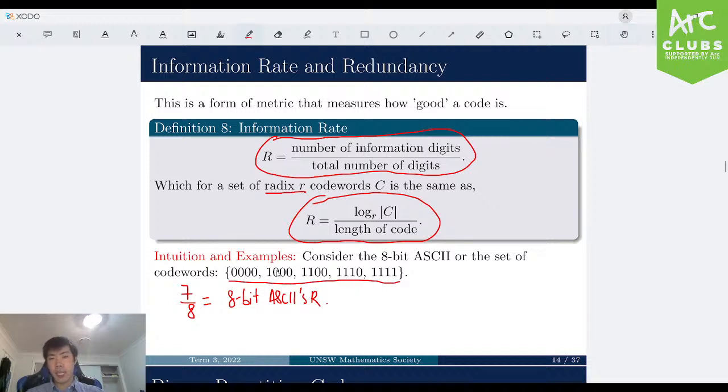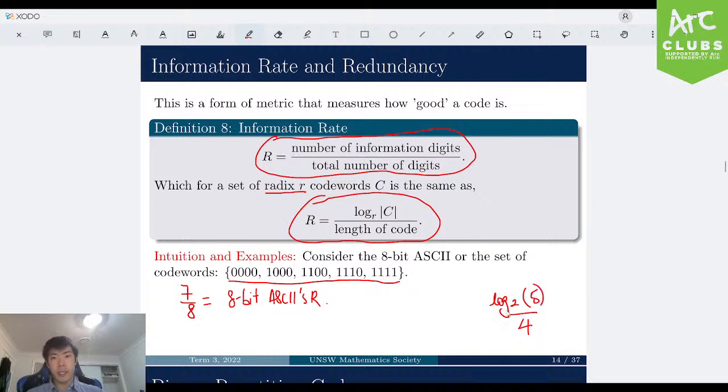They're all of fixed length 4: 0000, 1000, 1100, and so on. Now again, the denominator is the same. It's just the length of the code, so in this case our denominator will be 4. Our numerator, on the other hand, will be log base 2 of 5.